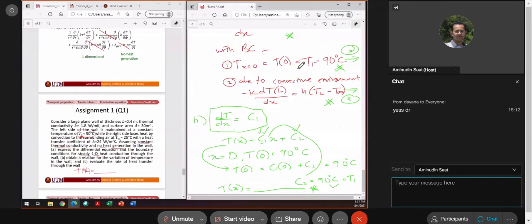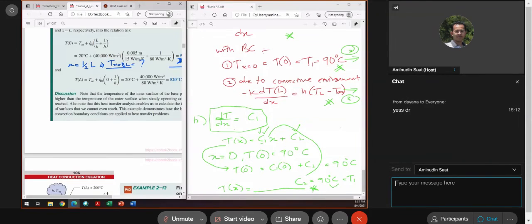Some of you might be thinking, what happens if we need to consider two-dimensional or three-dimensional, or probably you have a weirder boundary condition?